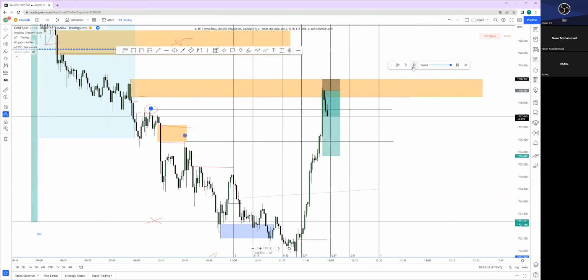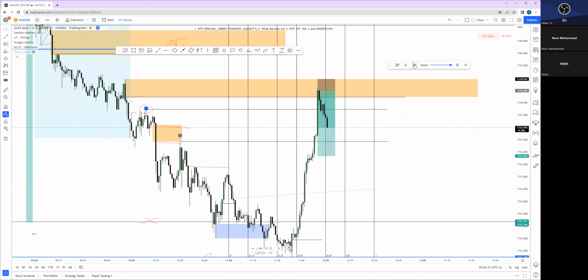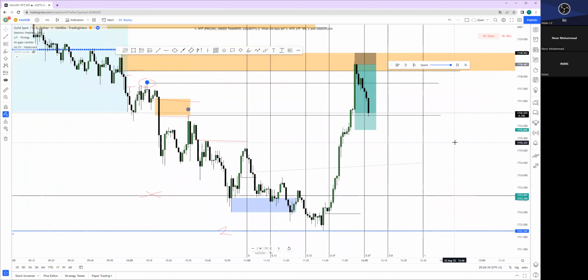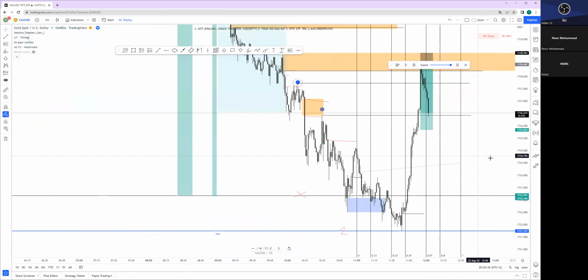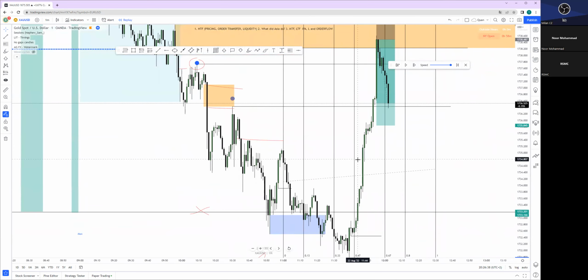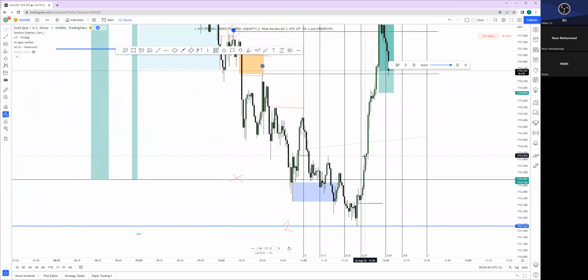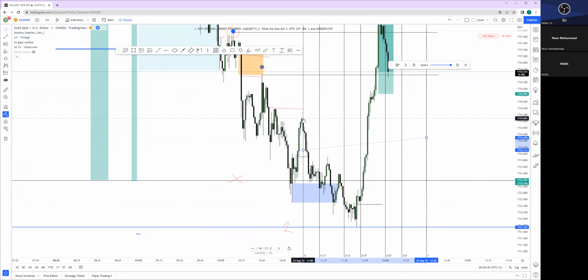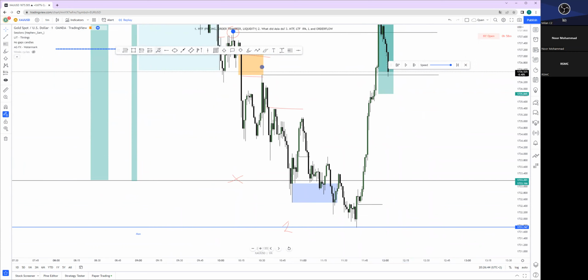It's slower than I'd like to see. Yeah, okay. So as for target, you can use any kind of liquidity you want. Let me see. Right, so I mean, this range is broken. This could be a lit point as well.